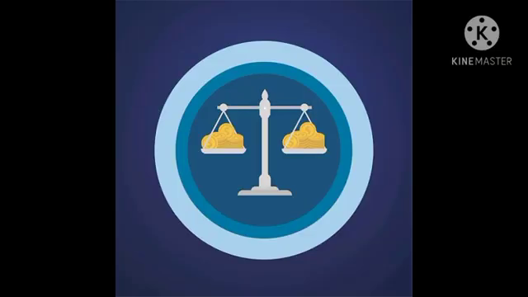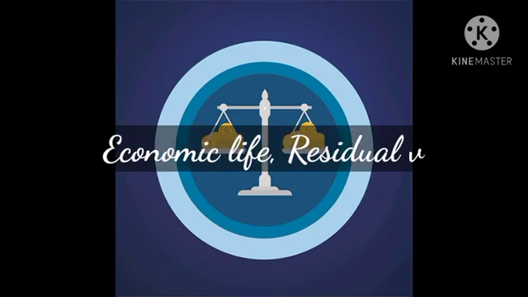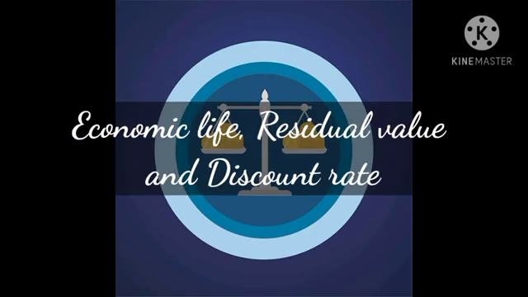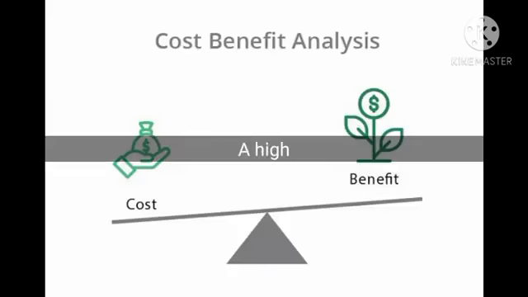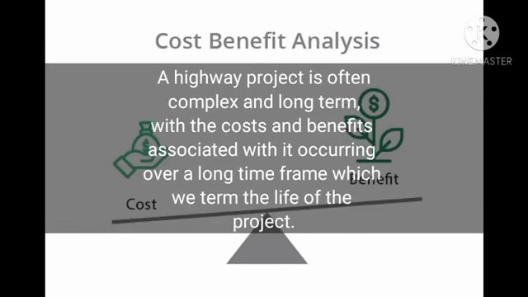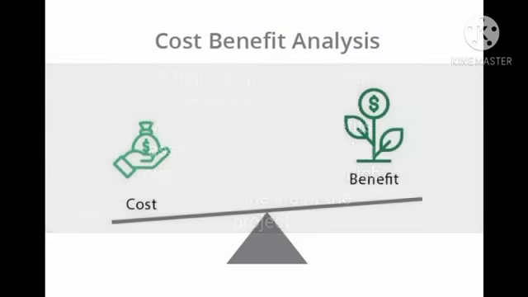After the identification of all relevant costs and benefits, we have economic life, residual value, and the discount rate. A highway project is often complex and long-term, with the cost and benefits associated with it occurring over a long time frame, which we term the life of the project.